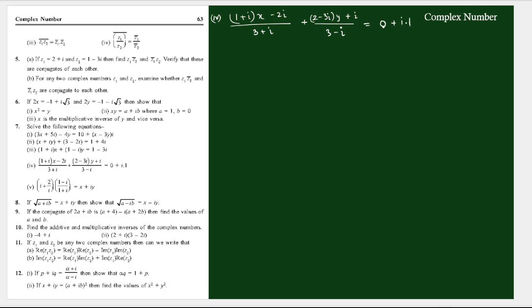So the real part is equal to 0 and the imaginary part is equal to 1.